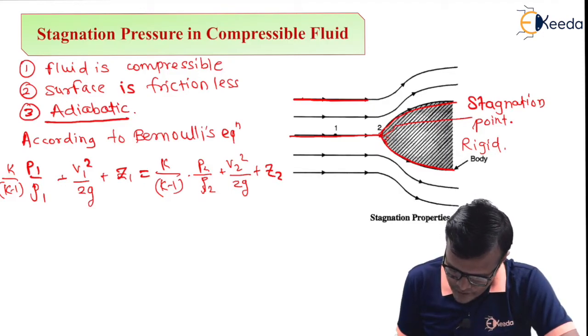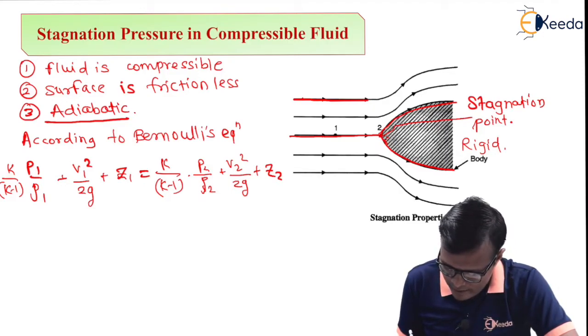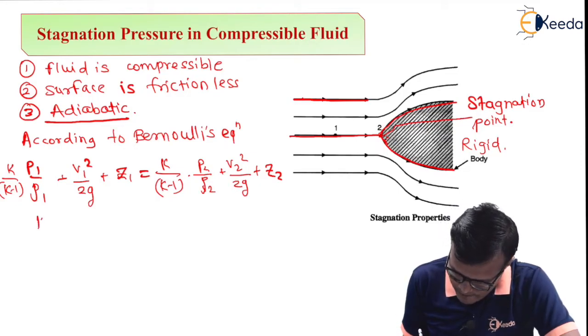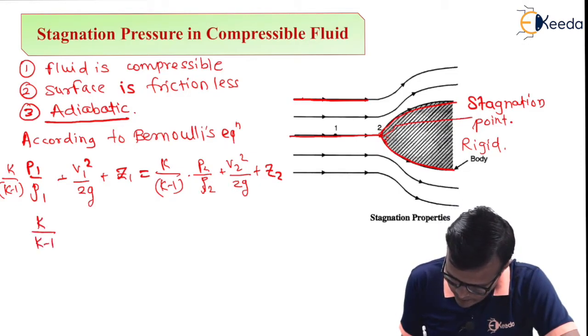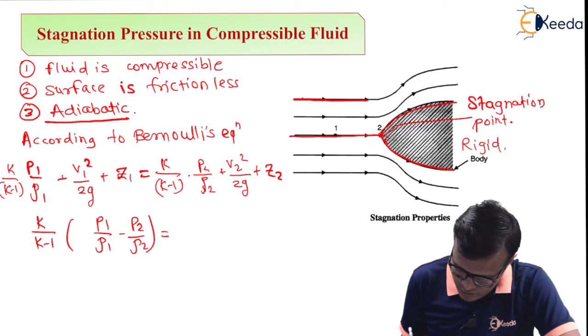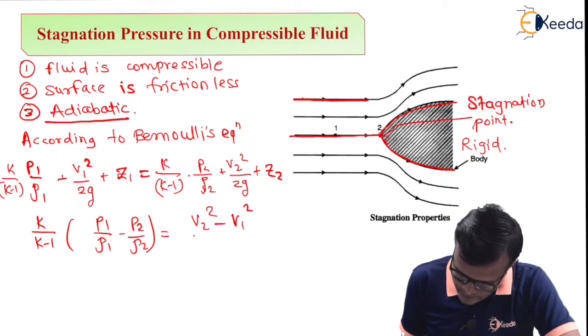Rearranging the terms, we can have a common term k divided by k minus 1. So k divided by k minus 1 times p1 upon rho 1 minus p2 upon rho 2 on one side, and on the other side we have v2 square minus v1 square upon 2.